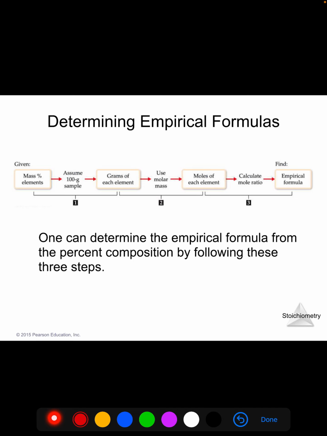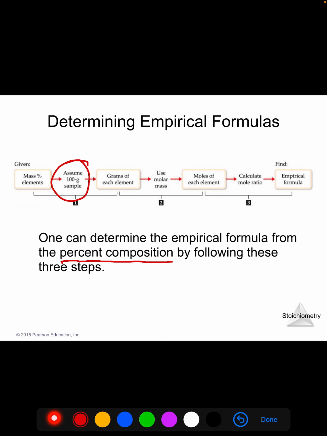We'll practice. I'll give you a separate assignment with one problem. I'll go over this again. You basically do it this way. If you know your composition and you have your percent composition, you assume you have 100 grams of sample. And then those percentages would be the number of grams of sample for each element.